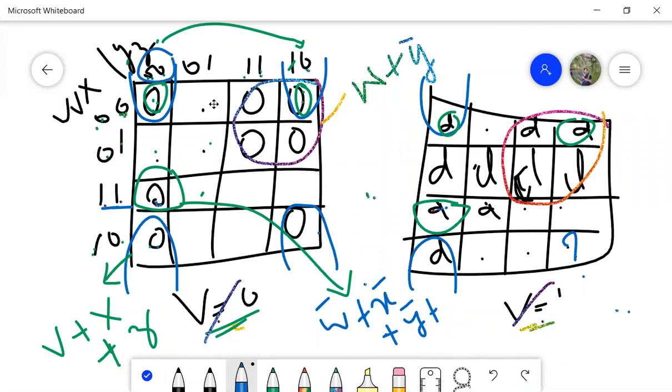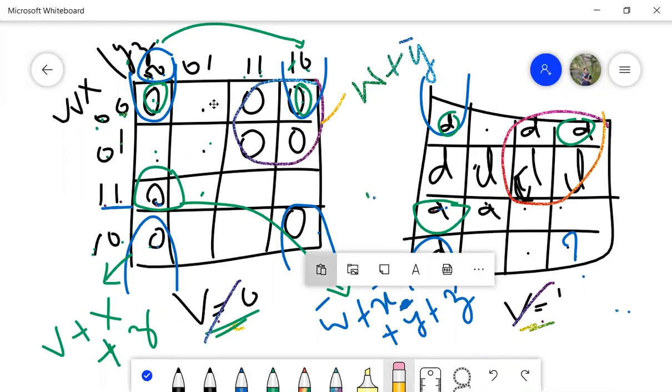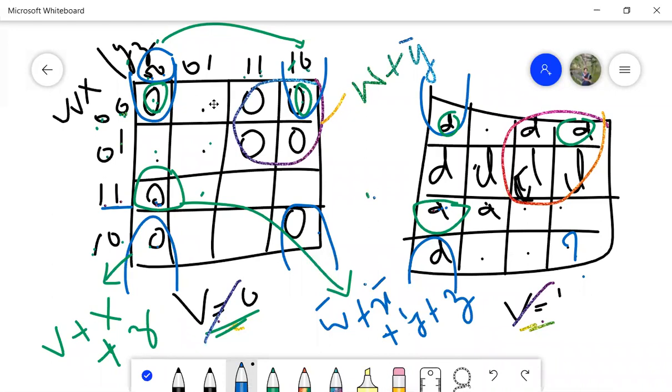So when it is 0 and 0, in our K map, for POS it will be taken as Y plus Z. So I will not have a Y bar, so I'll be having only Y plus Z. So here it will be Y plus Z. This bar will not be there. Okay. So my expression will be having Y plus Z.